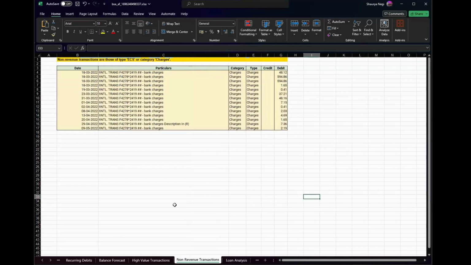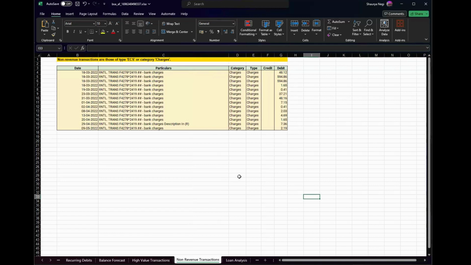So the next two sheets will be the non-revenue transaction sheet and the loan analysis sheet. These two sheets offer specialized insights. The non-revenue transaction sheet identifies financial activities with strategic importance, such as charges in this case, which are of importance but do not contribute to revenue.